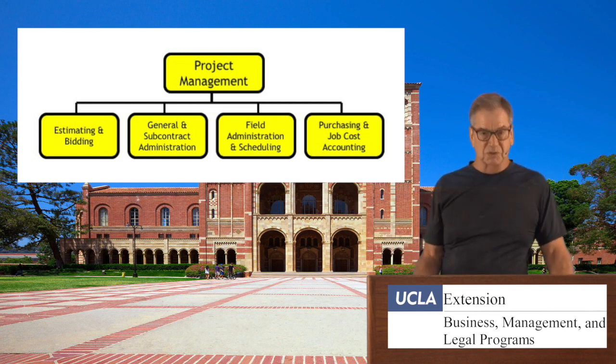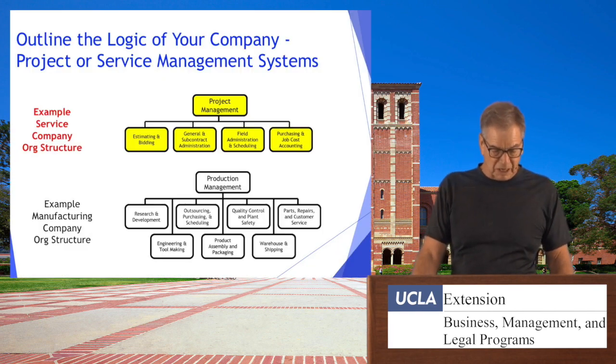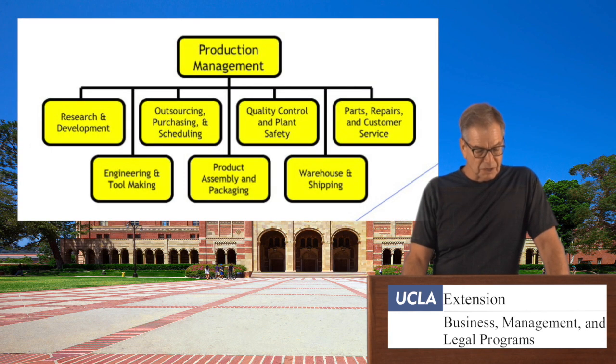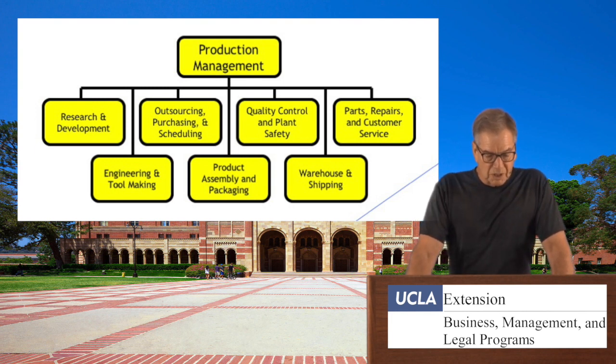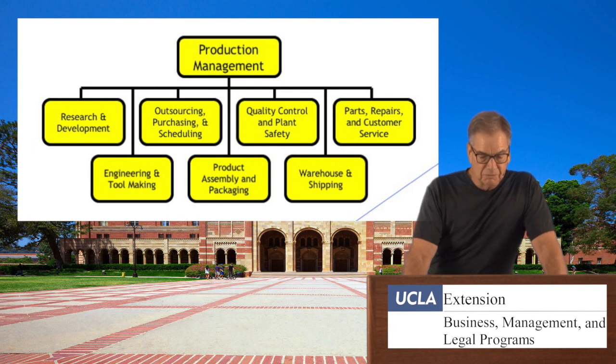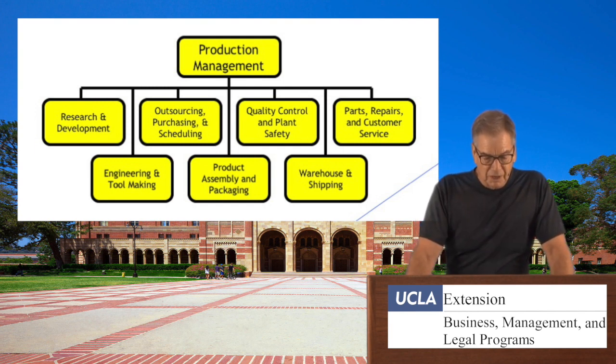And then if we juxtapose that with a manufacturing company, we might see research and development, engineering and tool making, outsourcing, purchasing and scheduling, product assembly and packaging, quality control and plant safety, warehouse and shipping, parts, parts repair and customer service and things of that sort.